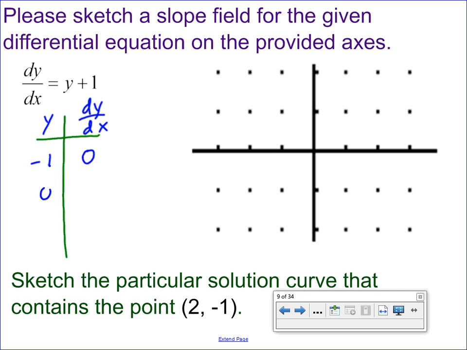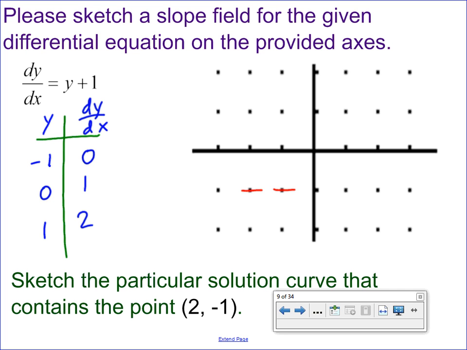When my y coordinate is 0, the slope value returned by my differential equation is 1. When my y coordinate is 1, the slope value returned is 2, and so on and so forth. So we can begin to get our little mini line segments and get an idea of what the solution curves look like.